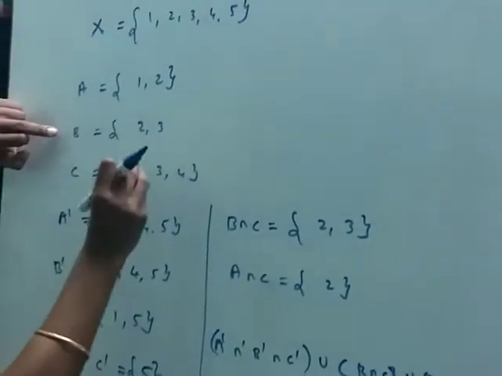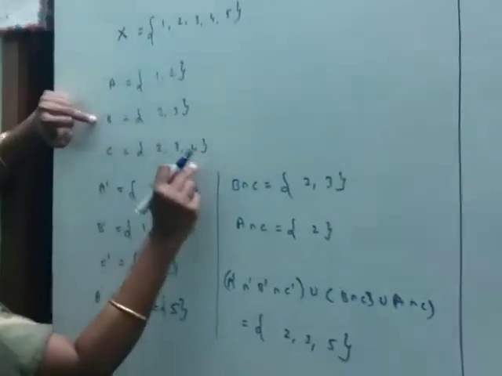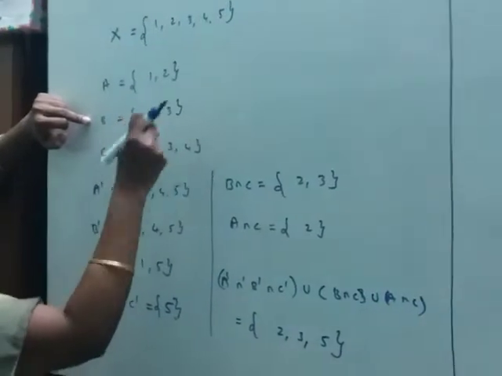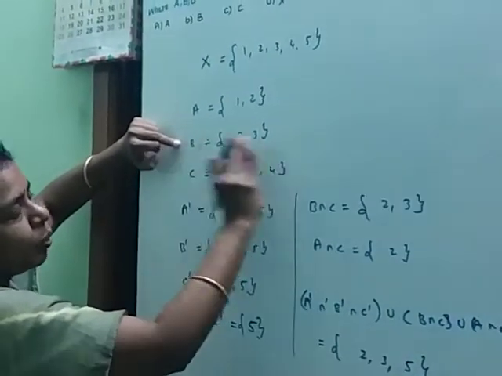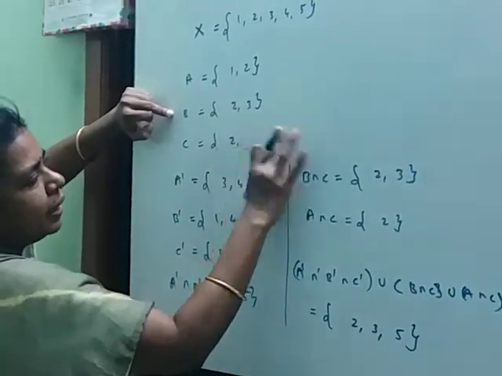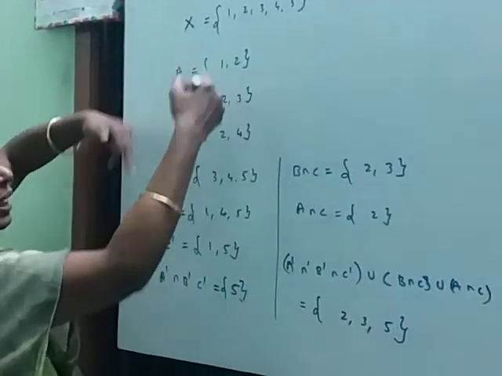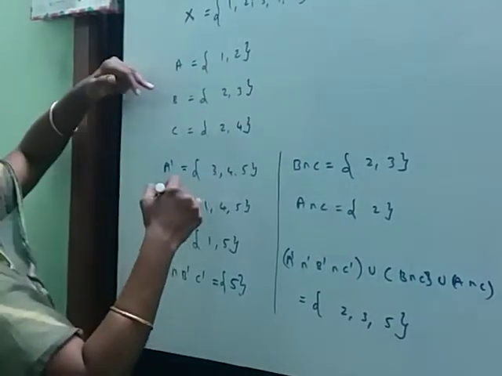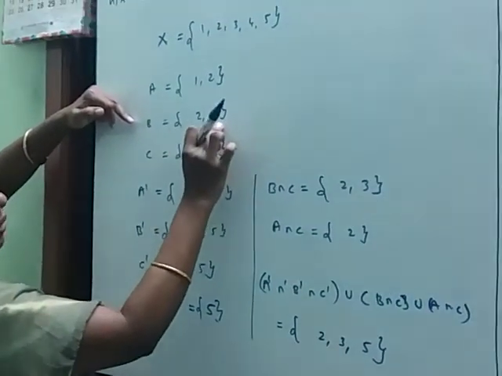Children, you have to note one thing: if we consider B equal to 3 and C equal to 3, 4, what will happen? B is a subset of C. So in this condition, we should not take the concept of B being a subset of C. So I cut the 3 here. These three sets should not link with any subset concept. Okay? So that is how we should assume. Then B is equal to 2, 3 only.